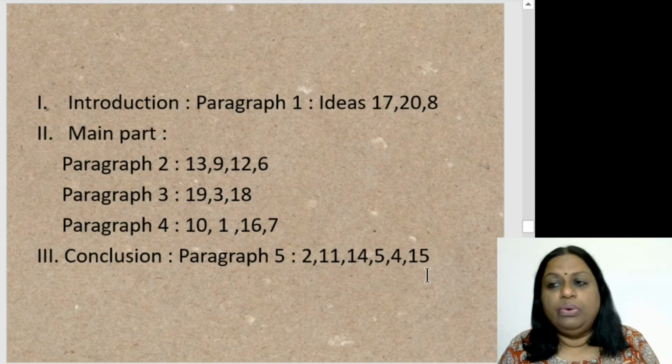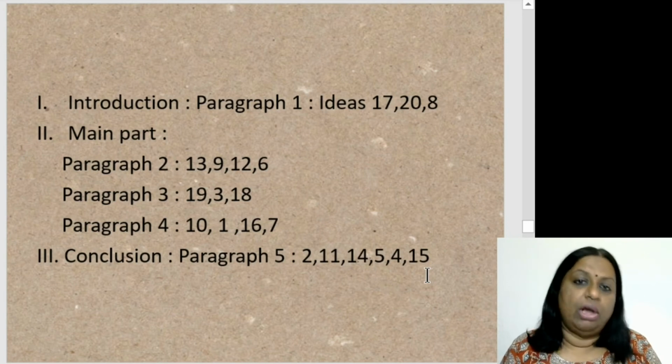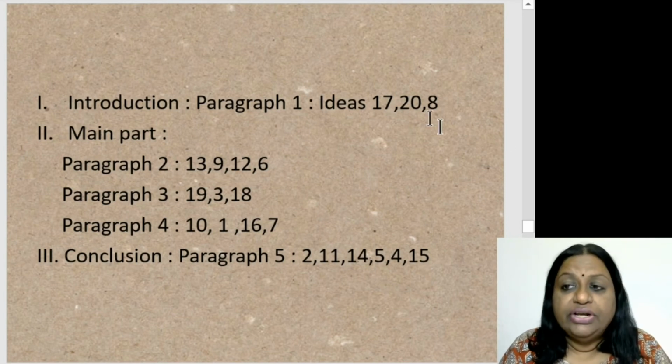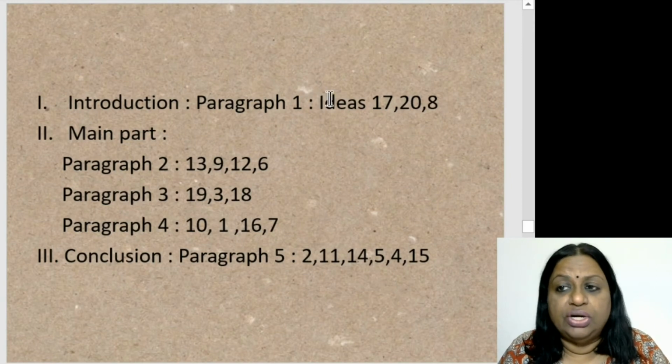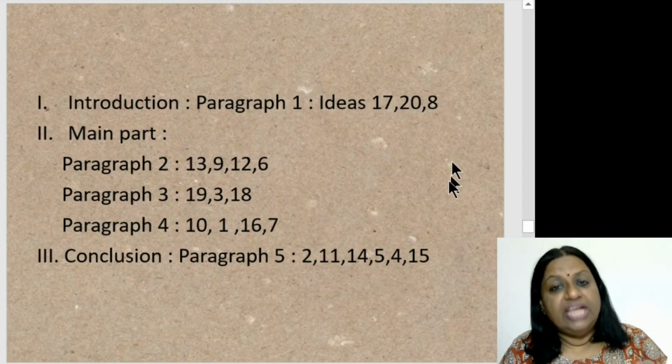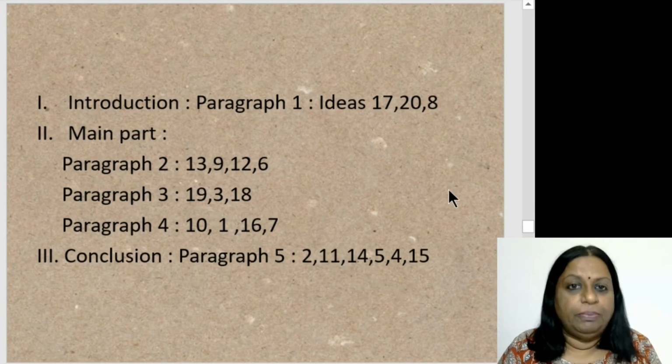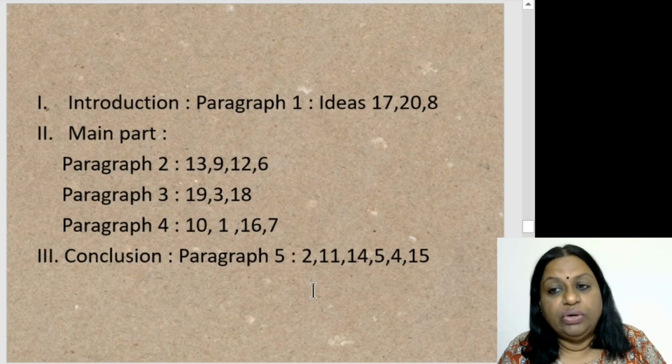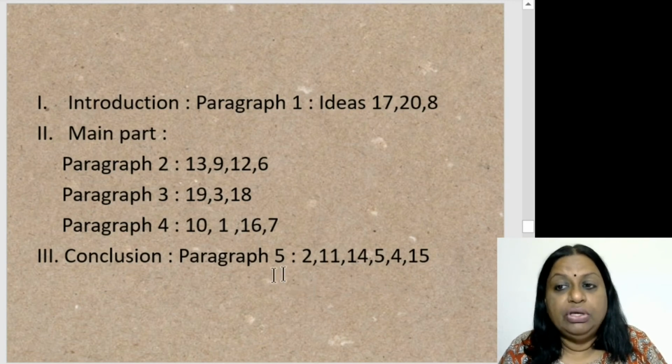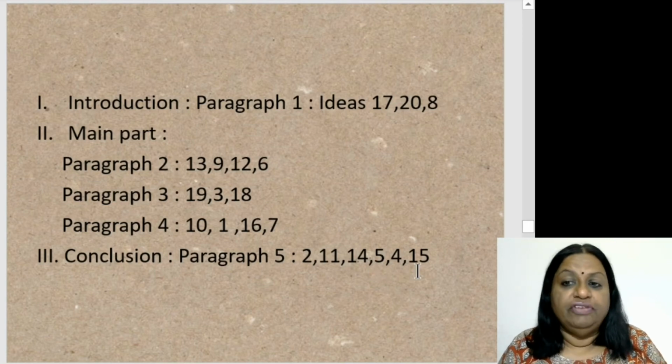So look how randomly the ideas will come when you're brainstorming. For example, what goes into the introduction is 17, 20 and 8. So it came in much later during the thought process when you were thinking about the English advantage. But when we look at the conclusion, for example, 2, 11, 14, 5, 4, 15, these are the points that came much earlier.